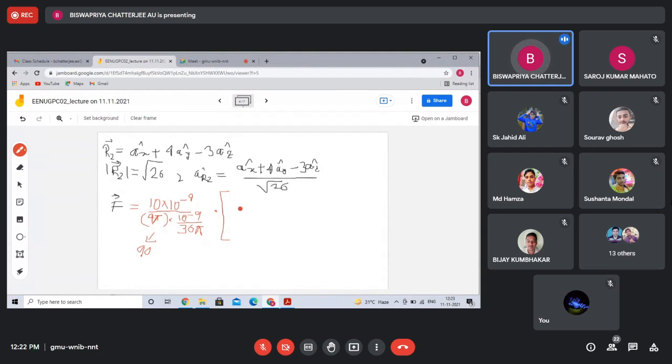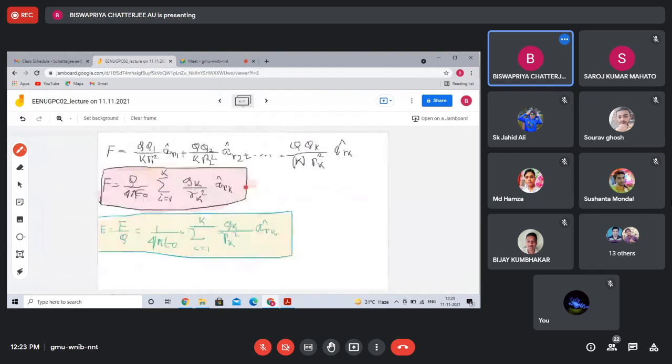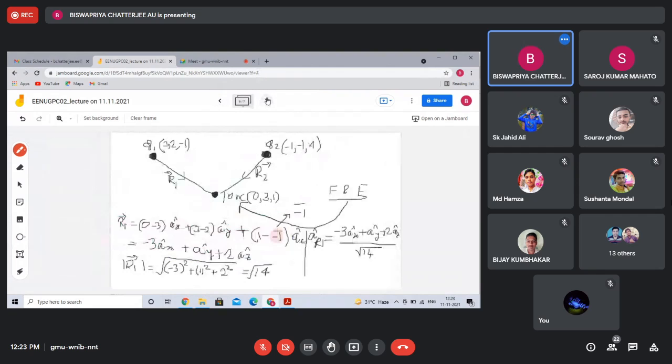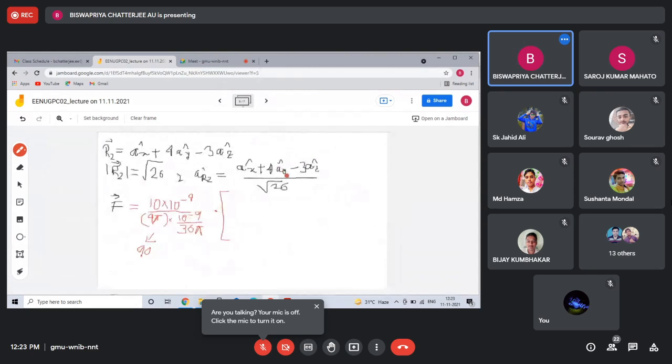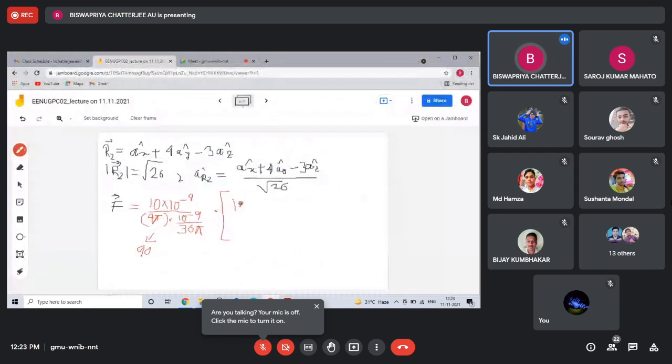Okay. So now within the bracket it will be K1 by... what is K1? K1 is 1 millicoulomb. So 1 into 10 to the power minus 3 divided by the distance. What is the distance calculated? It is root 14.